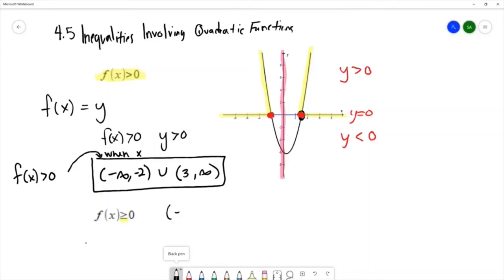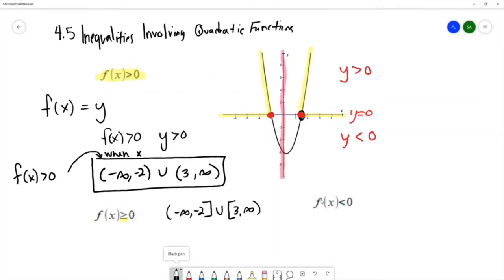So we would say -infinity to -2 with a bracket, 3 to infinity. So this now includes the parts that give us a y that is greater than 0 and the parts where y is equal to 0.